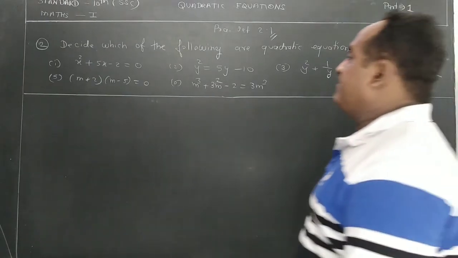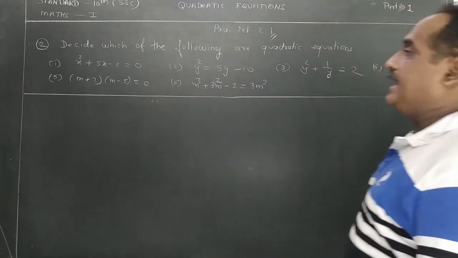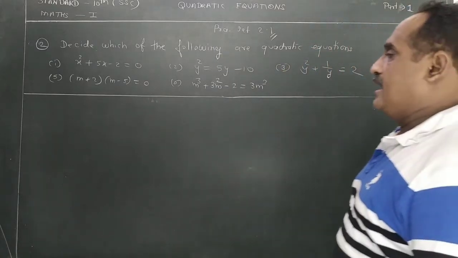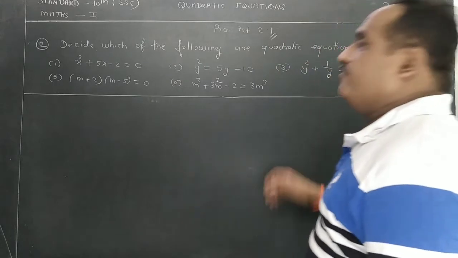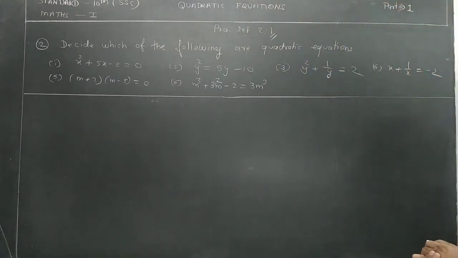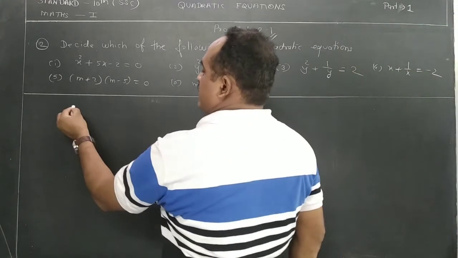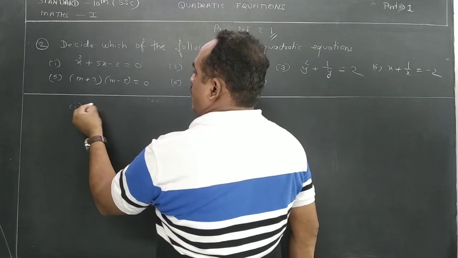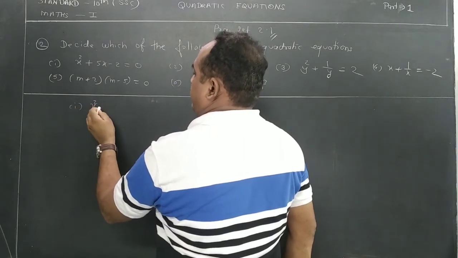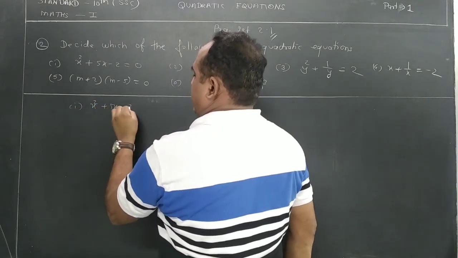Second question, decide which of the following are quadratic equations. They are given examples. While explaining the general form of quadratic equation, I have given the method, same method you are going to use. See, first question is there. What is that? X square plus 5x minus 2.